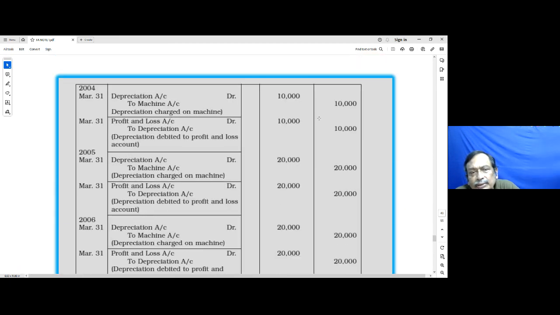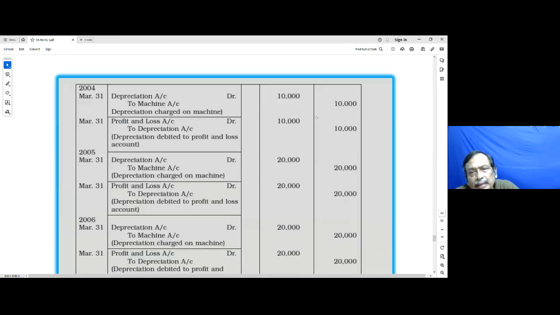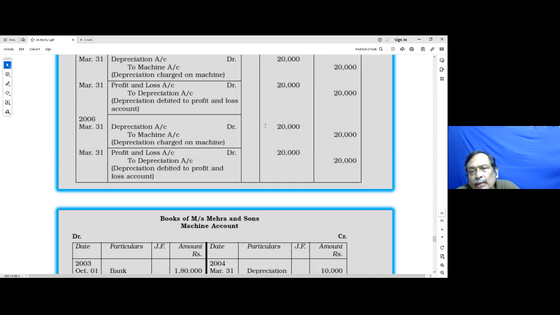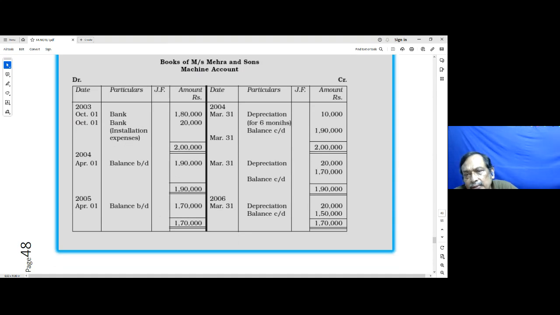And that 10,000 we have written here, depreciation account debit to machine 10,000. The same amount is transferred to P&L account as 10,000. Now for other years, the depreciation amount is 20,000. How? Just have a look.